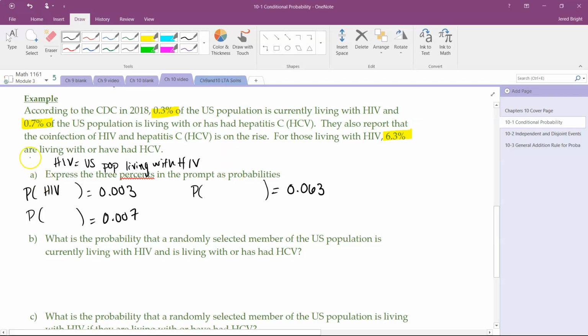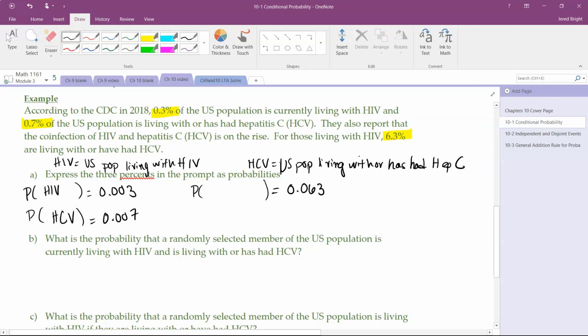Similarly, this 0.7% corresponds to hepatitis C. So I'm going to say HCV is the U.S. population living with or has had Hep C.